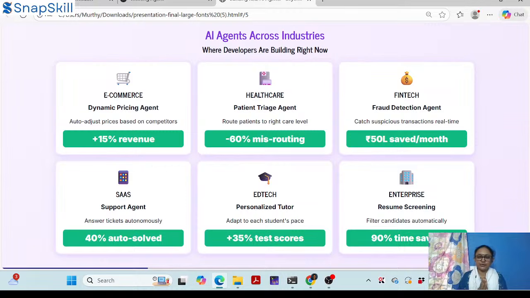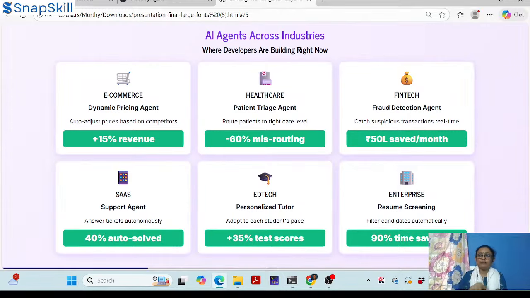What advantage are we going to get? Whenever we get a ticket, we have a time limit. Within the time limit, our agent gives the response. In case the agent is unable to give the response, it is going to send an email to the proper person: I was unable to find the solution for this, so please complete this ticket.